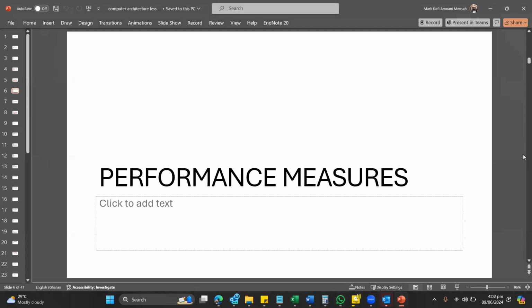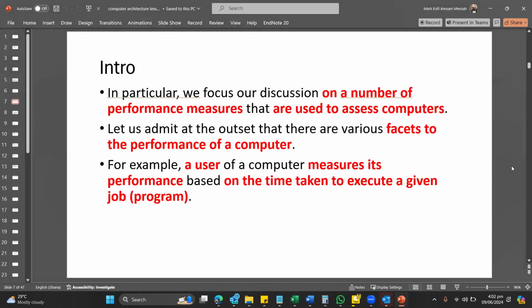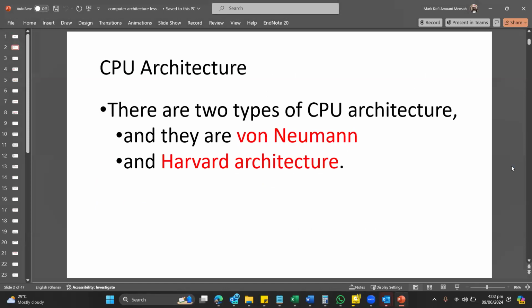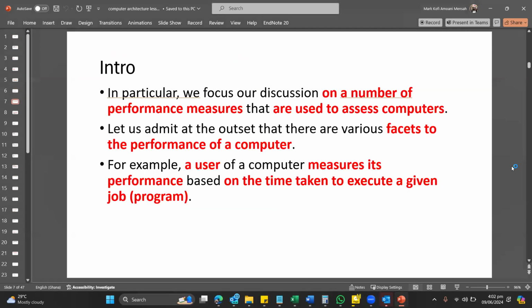So what is performance? You see, when I have a computer, or when I have two people with a computer, there is always a question we need to ask ourselves.